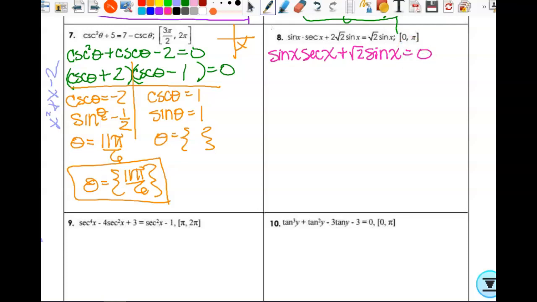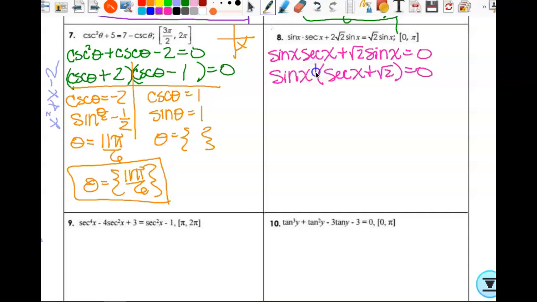Not a quadratic, but do I have a GCF? Yes, I can factor out a sine. So I have sine of x times secant x plus the square root of 2 equals 0. Now I have it factored as much as I can.